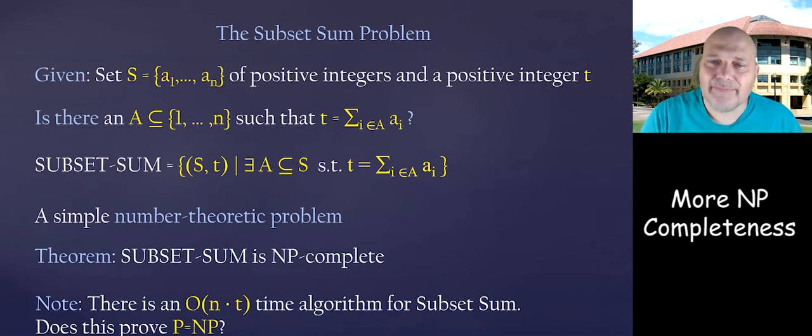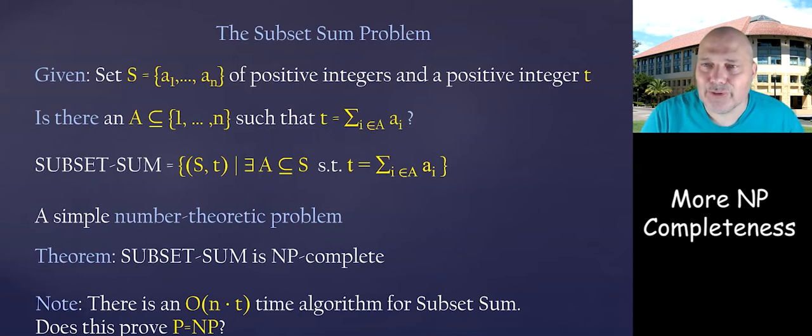So what's the input length? The input length is these n integers plus the integer t, the target. Definitely the length of the input is larger than n, because you have n numbers, you need to encode them.